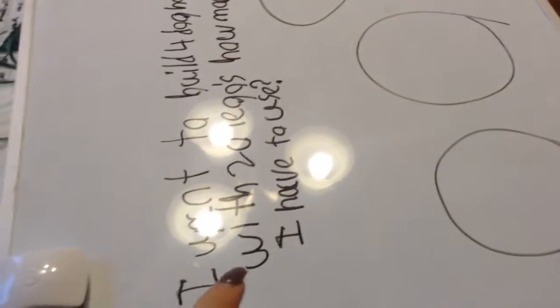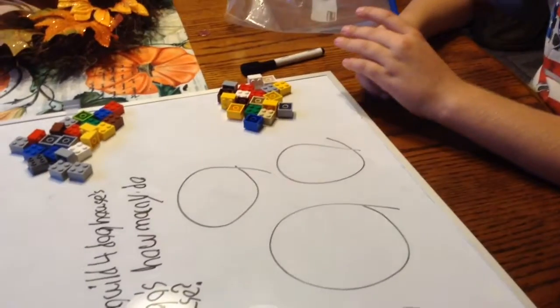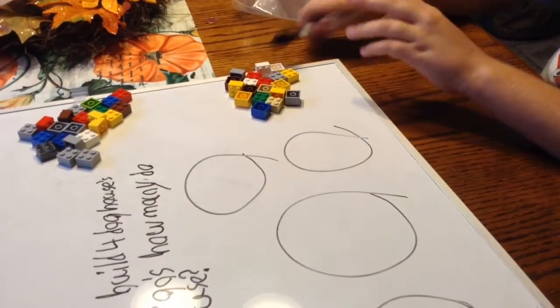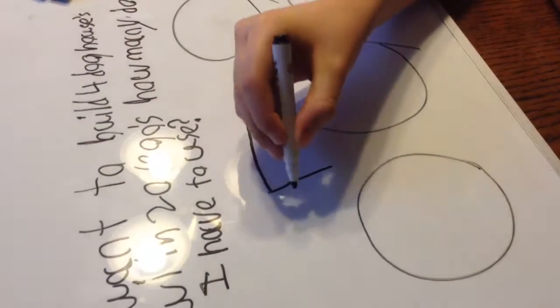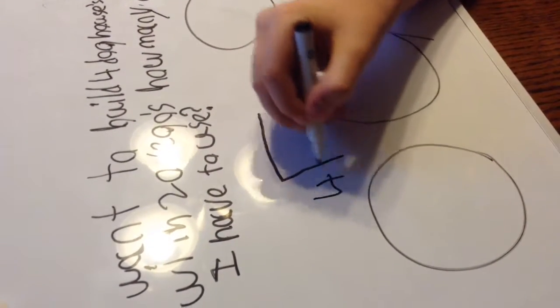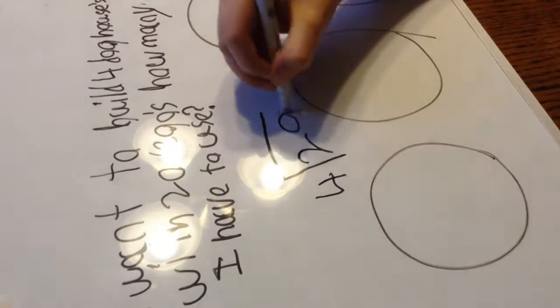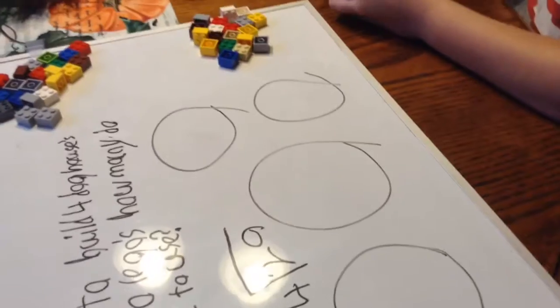How would you write your word problem if you were writing it like an equation, like we've been working on in the sessions? I would do this. 4 divided by 20. Okay. Now you're going to show me in your 4 groups, right? Mm-hmm.